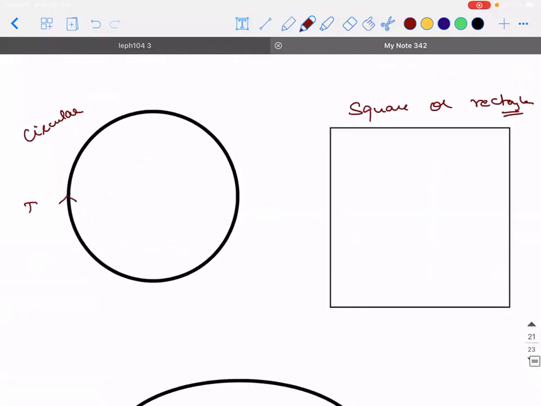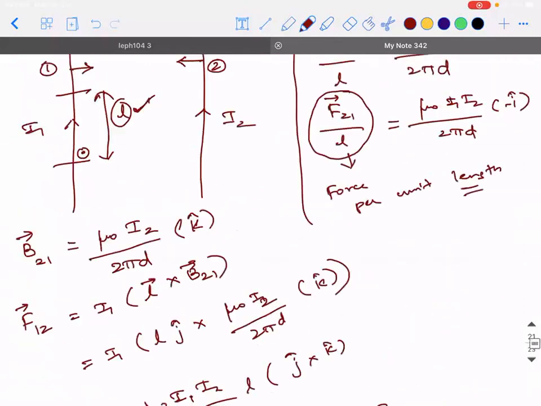Suppose the current is flowing in the clockwise direction, then which pole are we facing? I think I've explained this concept already.